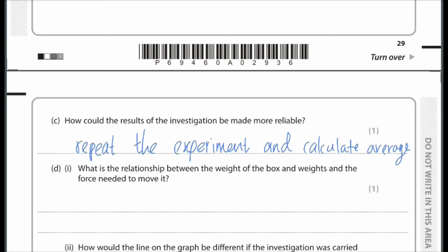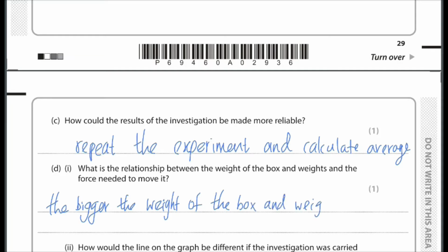We can write: the bigger the weight of the box and weights, the greater the force needed.